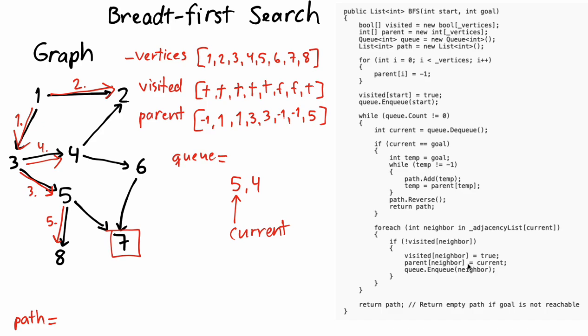And like this and this, and now we add that neighbor, so node 8, to that GUI, and we move to the next neighbor.